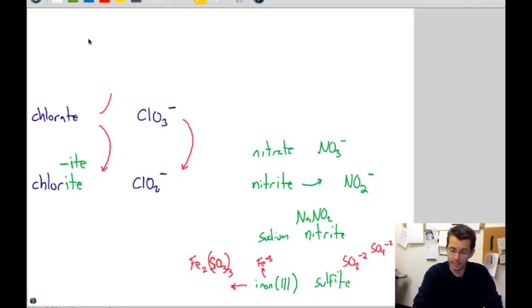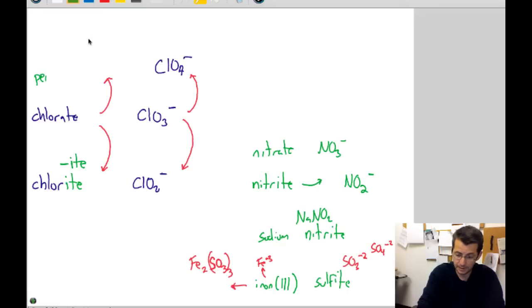If you increase the number of oxygens, you can generate new anions, ClO4. These get adorned with the per prefix, and they keep the ate ending.